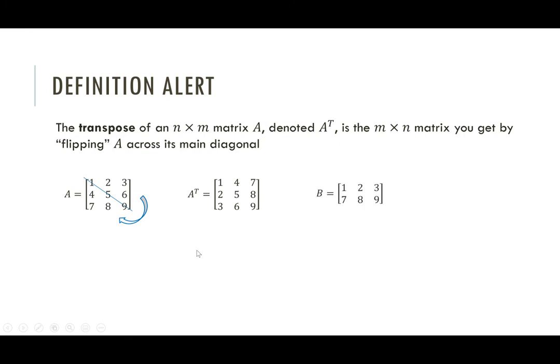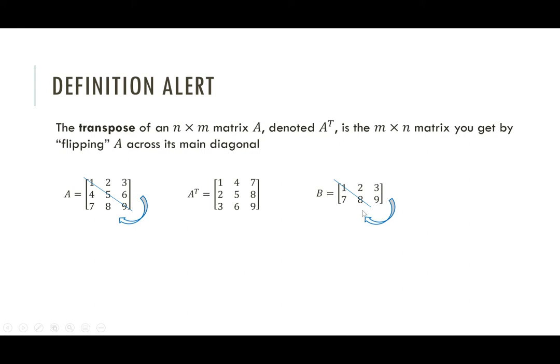And this works for matrices that aren't square. The main diagonal comes off the upper left corner and goes down. Now if you're flipping this, 2 and 7 are going to get flipped, and 3 is going to go into some dead space, as is 9.